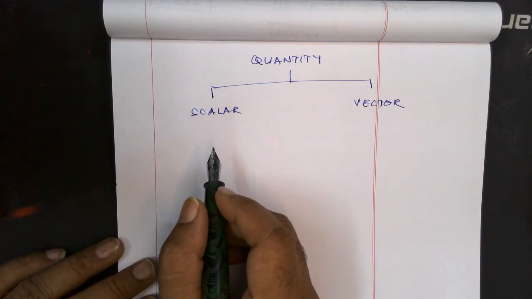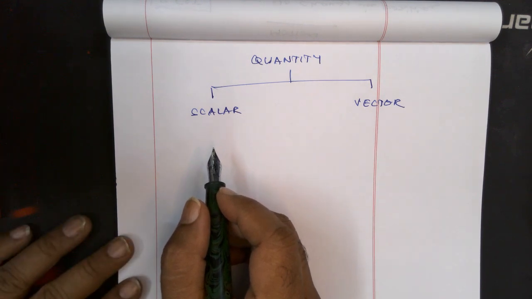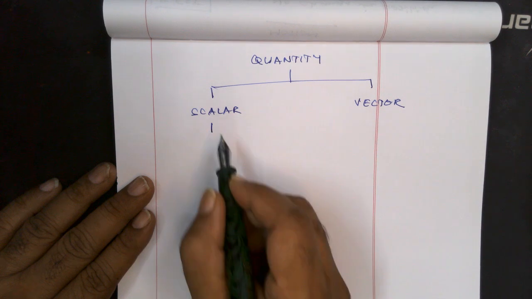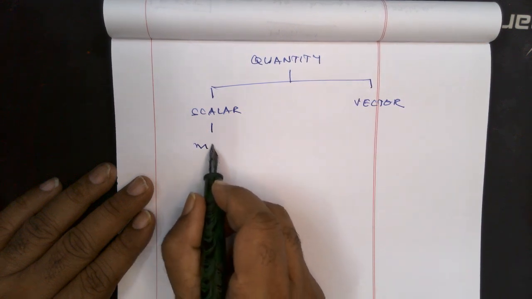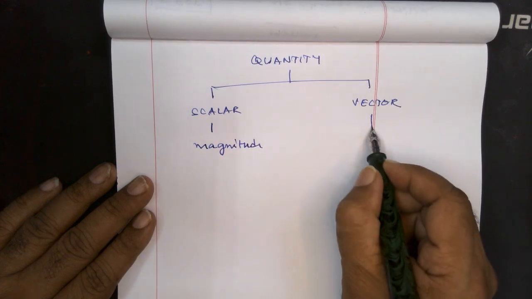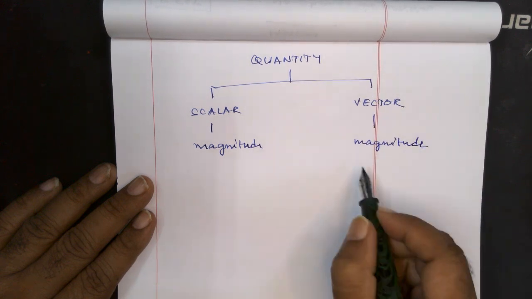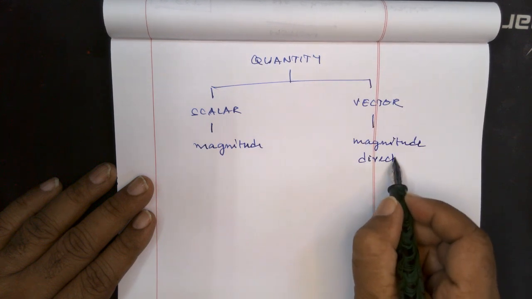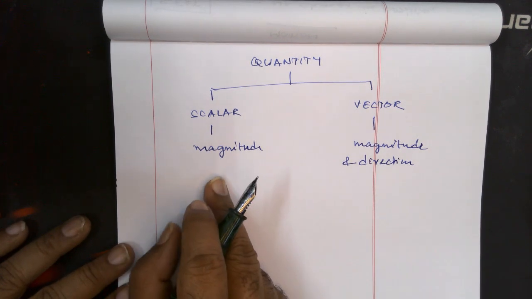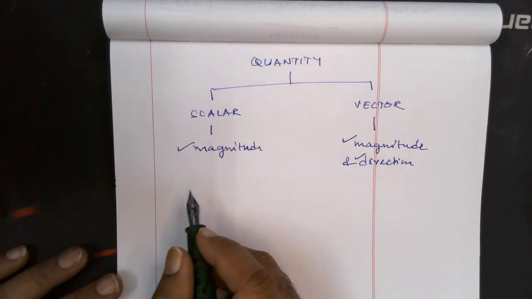A scalar quantity has only magnitude. A vector quantity has both magnitude and direction. So here there is no direction, whereas in the case of vector we have both magnitude and direction.